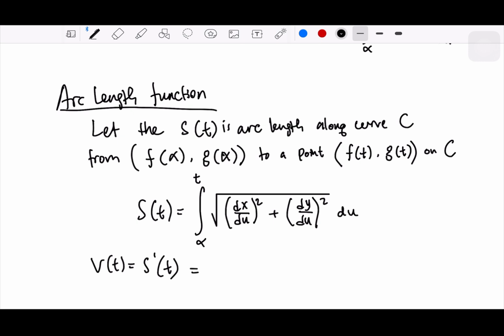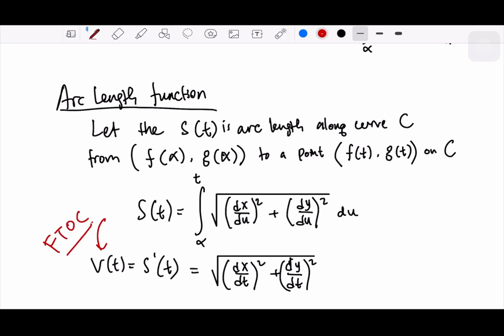If we imagine this s in physics cases, distance and velocity, then we can have this, exchanging u with t. I will write this. This is the fundamental theorem of calculus.